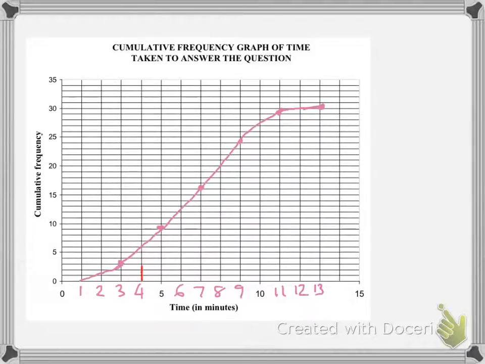So we're going to go up to my graph, read across, and my cumulative frequency says I'm in line with 6. In other words, 6 out of the 30 pupils, but they say as a percentage, so we're going to go times by 100. And that gives me 20% of these 30 learners are gifted.